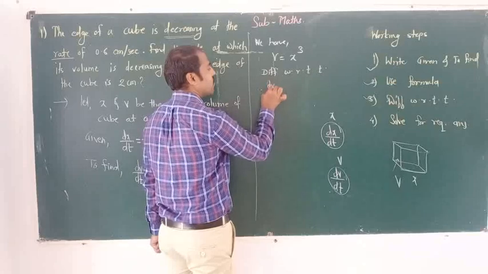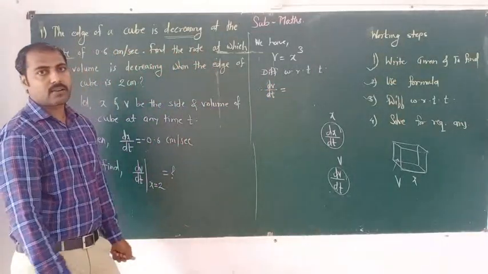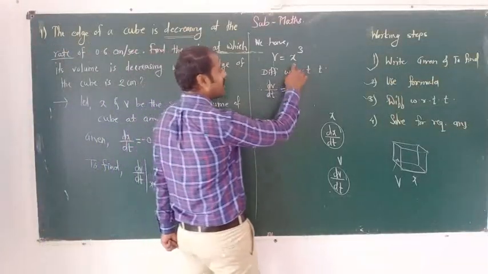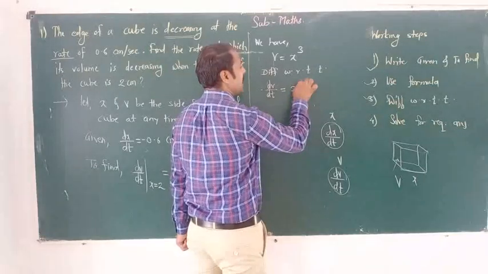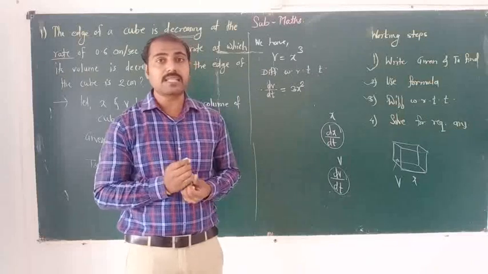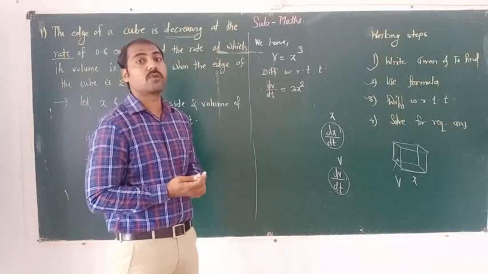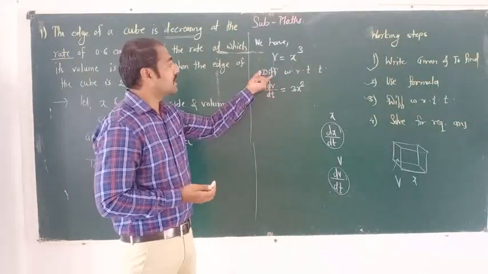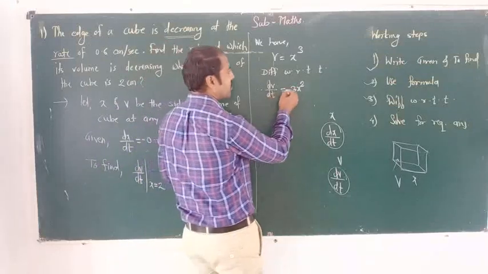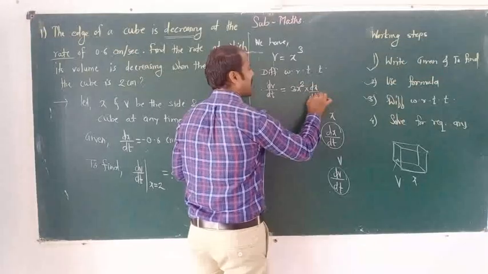Therefore, the derivative of V with respect to t is dV by dt, equal to the derivative of x cube, which is 3x square, if we differentiate with respect to x. But here we differentiate with respect to t. So the derivative of x cube is 3x square into dx by dt.